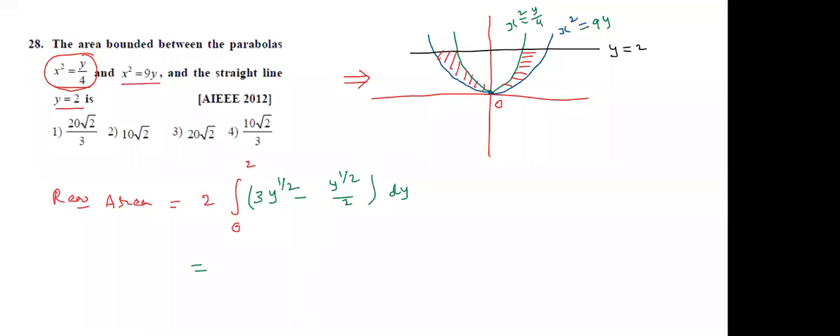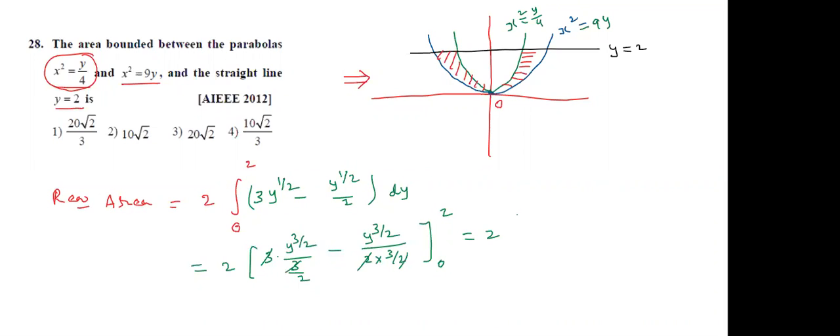Okay. Now 2 into the integration of 3 y power 1 by 2, that is y power 3 by 2 divided by 3 by 2, minus here y power 3 by 2 divided by 2 into 3 by 2, limit 0 to 2. Students, here observe that 3 cancels, here 2 cancels.